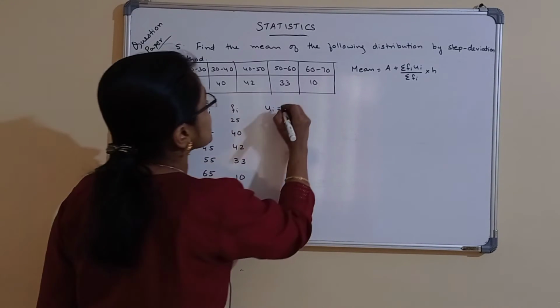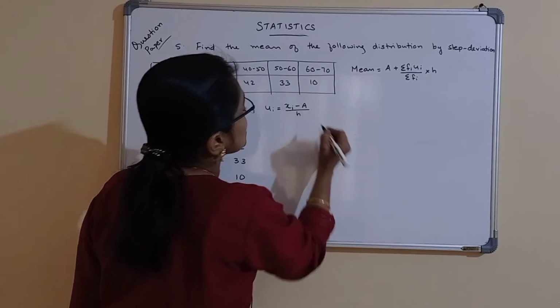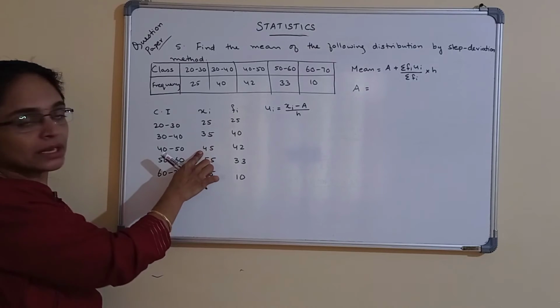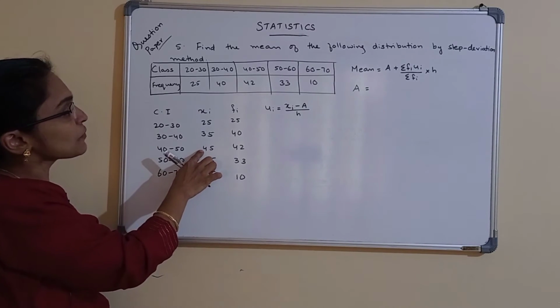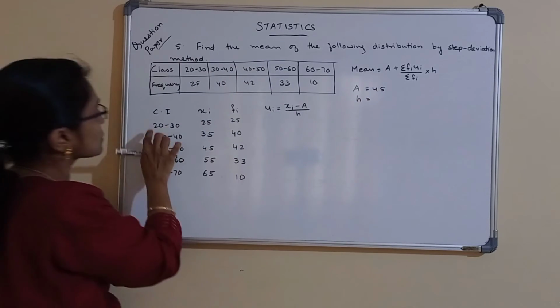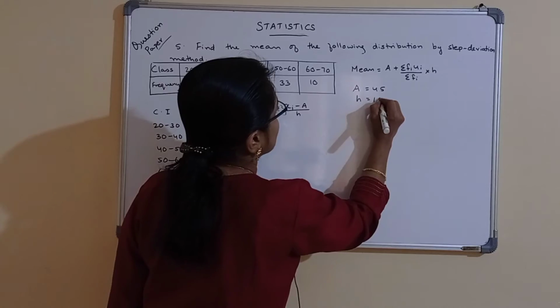And ui is equal to xi minus a by h. What is a here? Assumed mean is the middle value, which is 45. A is equal to 45 and h is equal to class interval, that is 30 minus 20, which is 10.